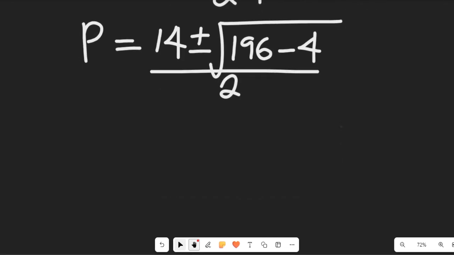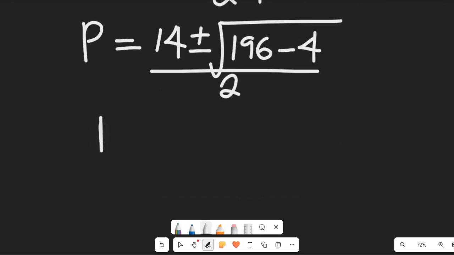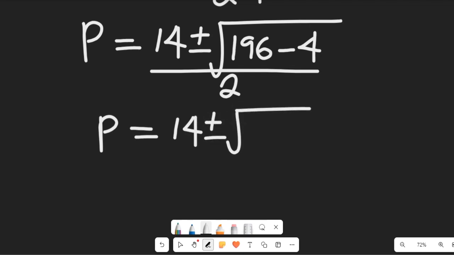And what do we have next? We're going to have our p equal to 14 plus or minus the square root of 196 minus 4, which is going to give us 192, divided by 2.